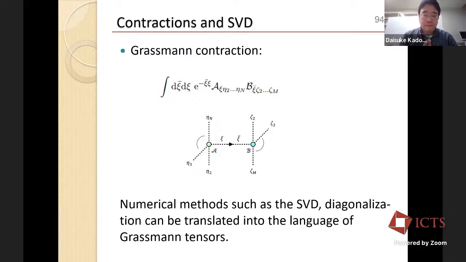So we can decompose a Grassmann tensor into two Grassmann tensors, the Grassmann SVD technique.